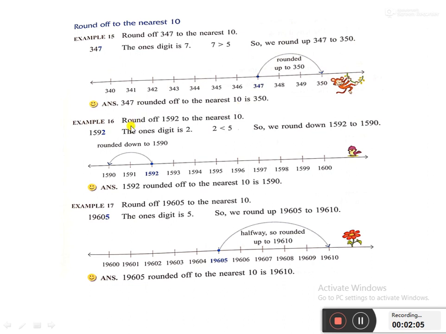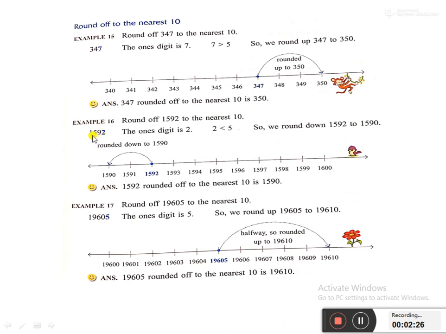Let us see one more example. Round off 1592 to the nearest 10. You underline the ones place. What is the ones place? 2. So there is change in which place? Tens place. If the number is less than 5, there is no change in the tens place. So what will the answer be?